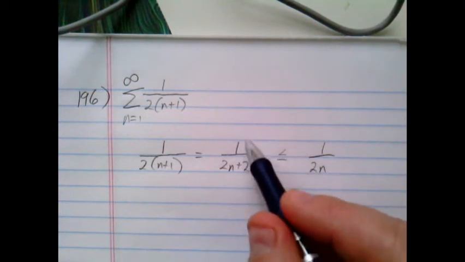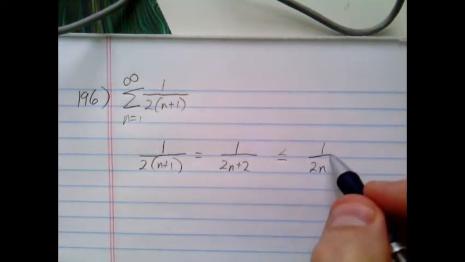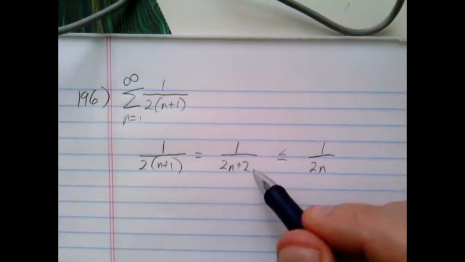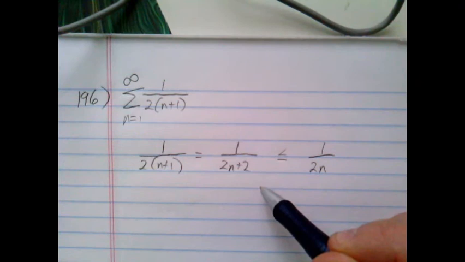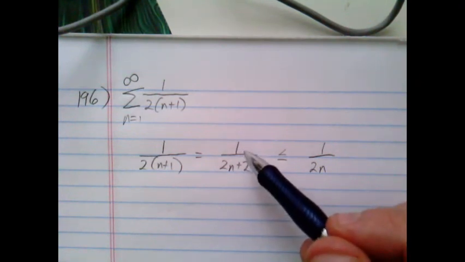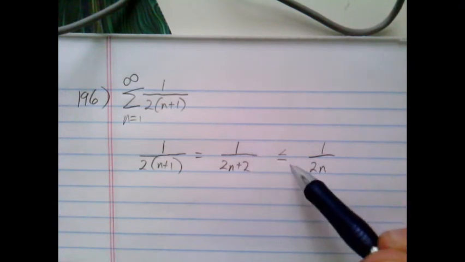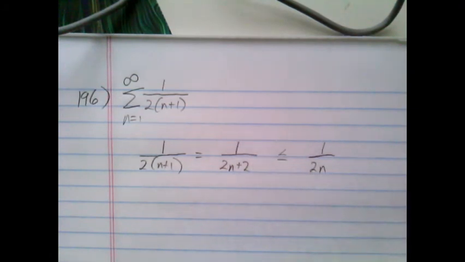So this would be less than or equal to 1 over 2n. Now here's my problem. 1 over 2n is divergent, but if I want to show that this is also divergent with the comparison test, I need this to be the bigger thing. I only want the thing I'm testing to be smaller if I believe it's convergent. If I believe it's divergent, and I still do, I need it to be bigger than the nth term of a divergent one.